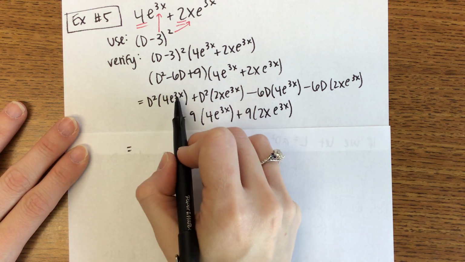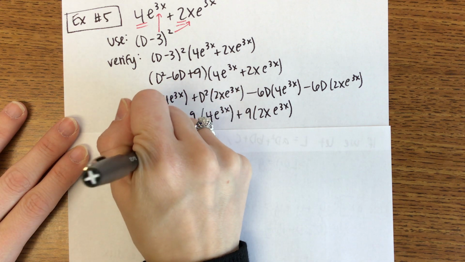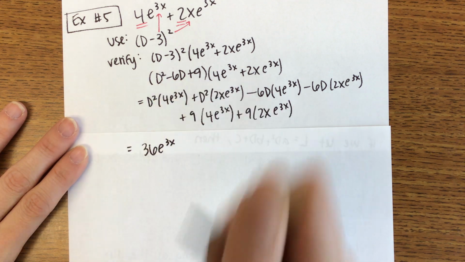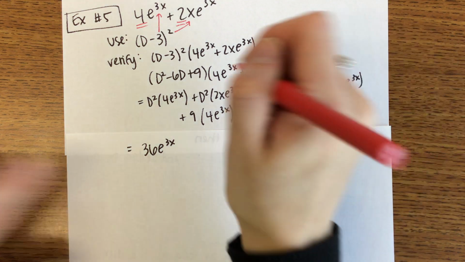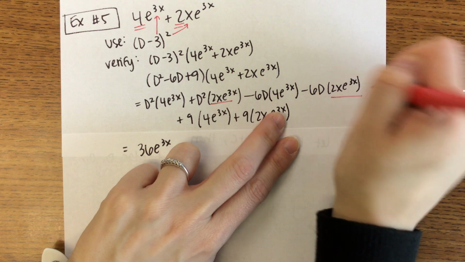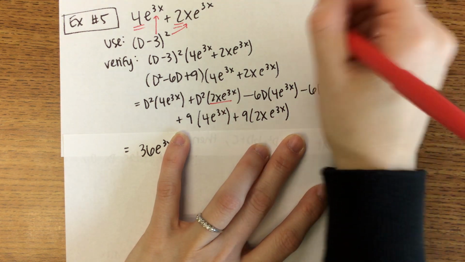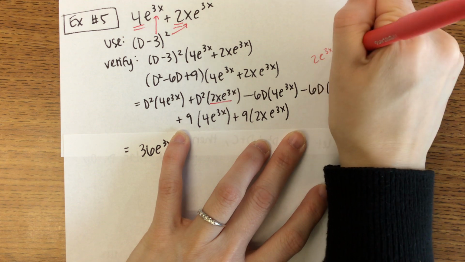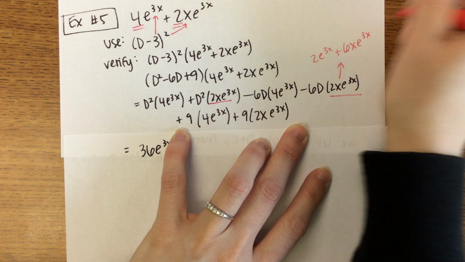So here, the first derivative will be 12e to the 3x. So the second derivative then is 36e to the 3x. This one, you'll have to do the product rule. So I'm going to do that first up here. This will be 2e to the 3x plus 6x e to the 3x.